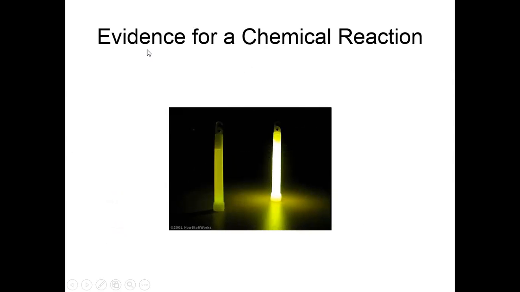What is the evidence for a chemical reaction? There are many indicators or evidence for the occurring of a chemical reaction. The first one is the evolution of light or heat. Look at here, there is a chemical reaction because light forms.